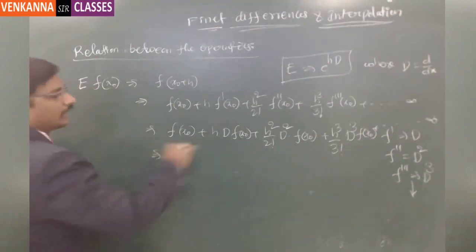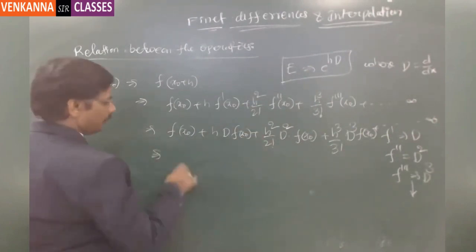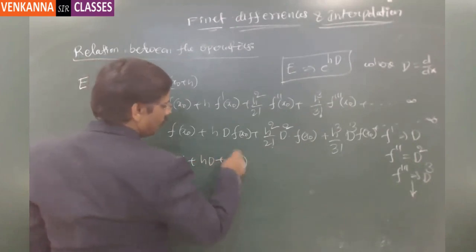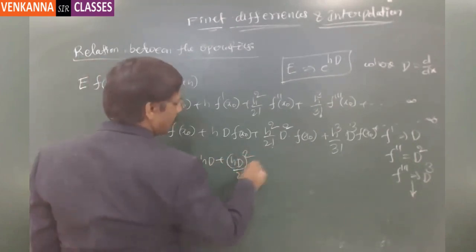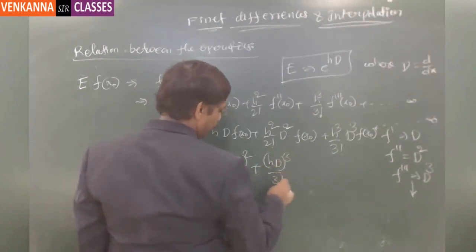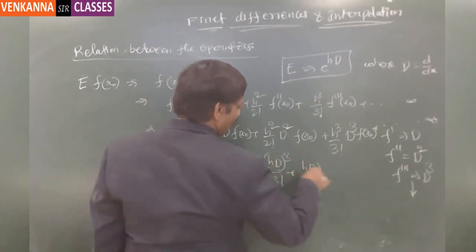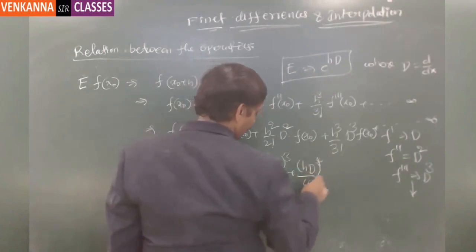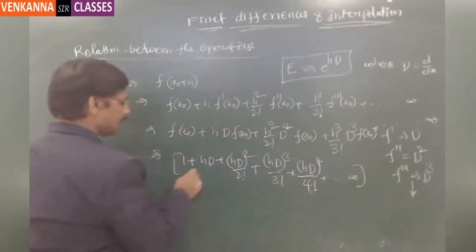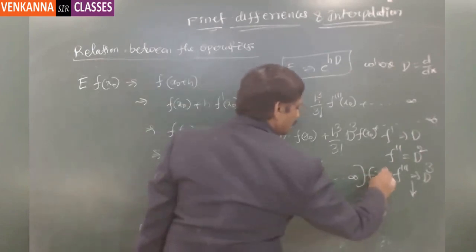So if you take f of x naught out, the operation is 1 plus hD plus (hD) whole square by 2 factorial plus (hD) whole cube by 3 factorial plus (hD) whole power 4 by 4 factorial plus and so on up to infinity. Now this is operated on f of x naught.